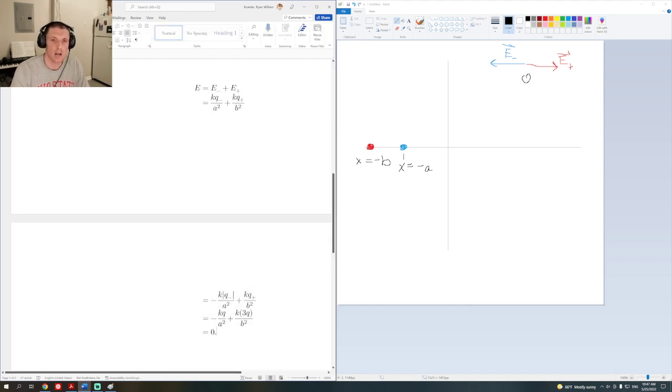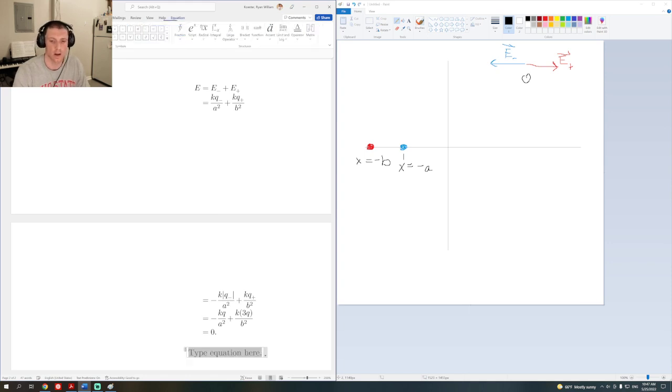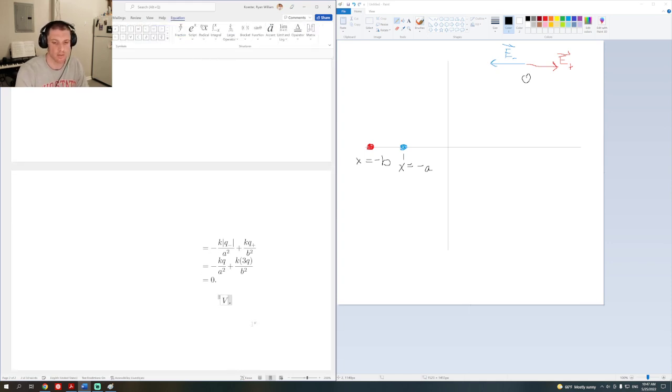Now, to talk about the electric potential, we could also write something like this. We could write V total equals V minus plus V plus. And this is going to be a little bit different because now the electric potential is a scalar.